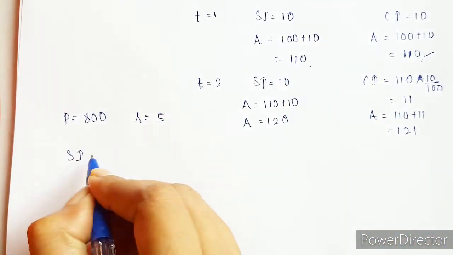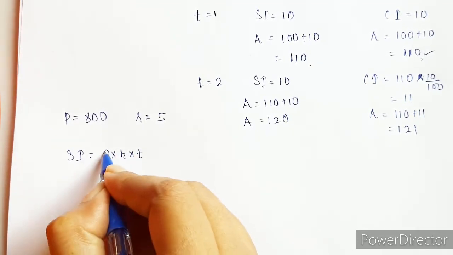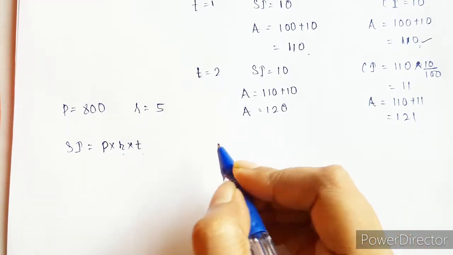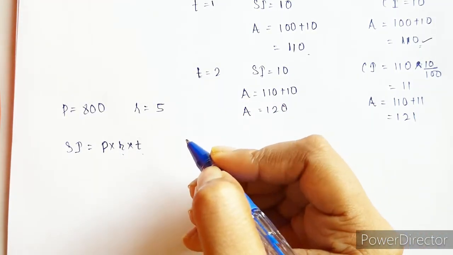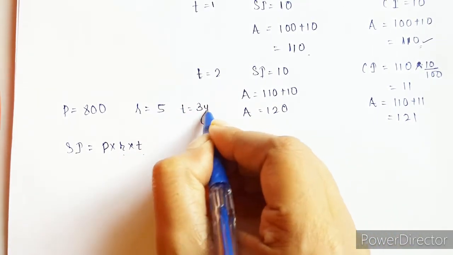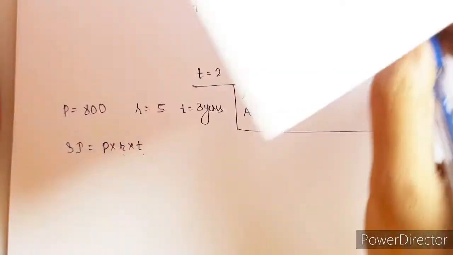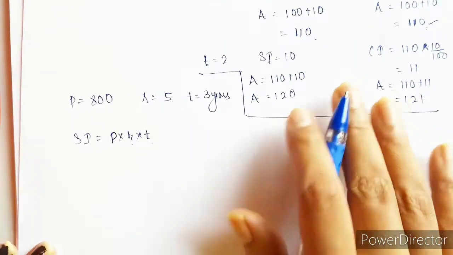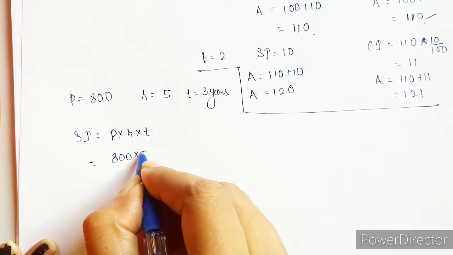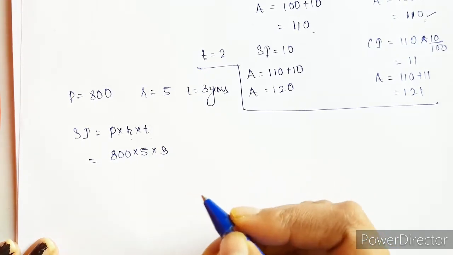Simple interest is nothing but P into R into T: the principal amount, the amount we are investing, into the rate of interest into the period for which we are investing that particular amount. And in this case we are investing this amount for 3 years. So this will be 800 into R, which is 5%, into 3.